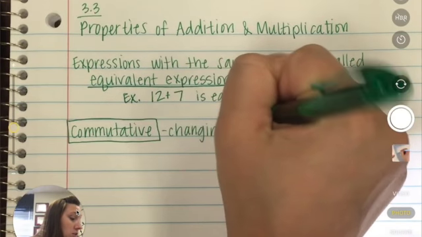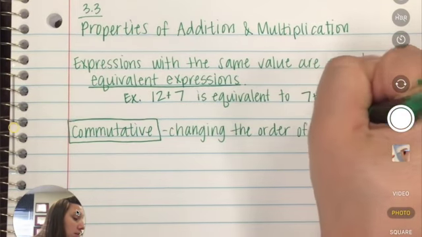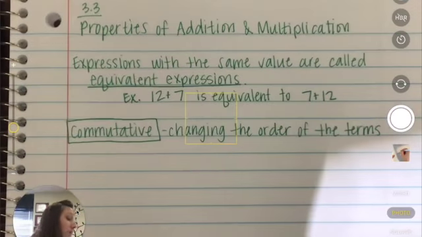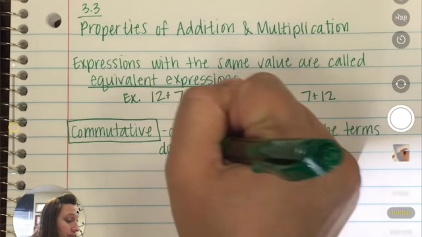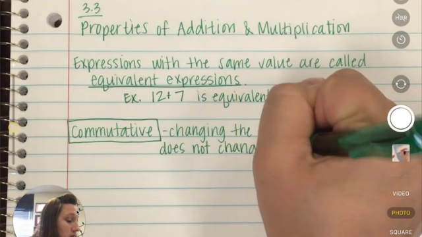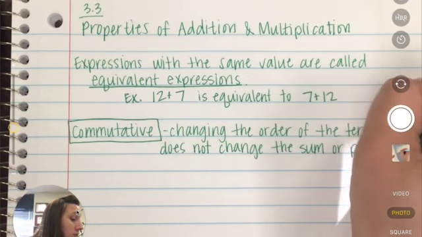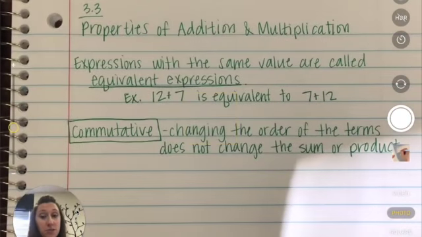Changing the order of the terms in your expression does not change the sum or the product. And if you remember, sum and product are the answers to addition and multiplication problems.